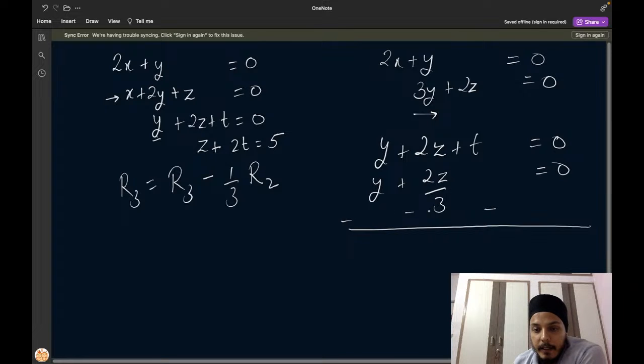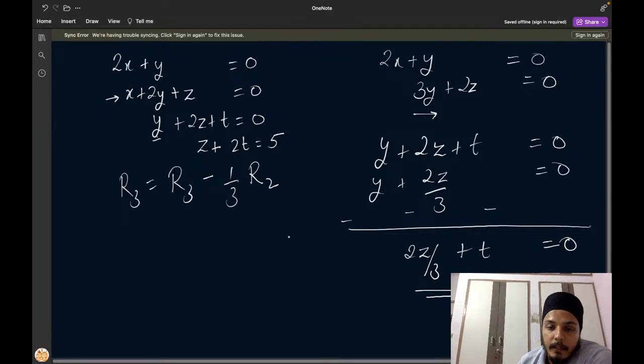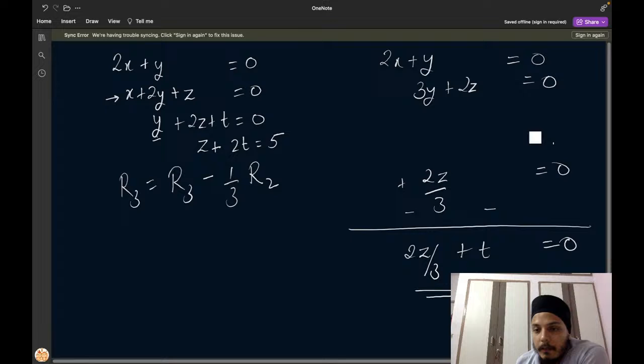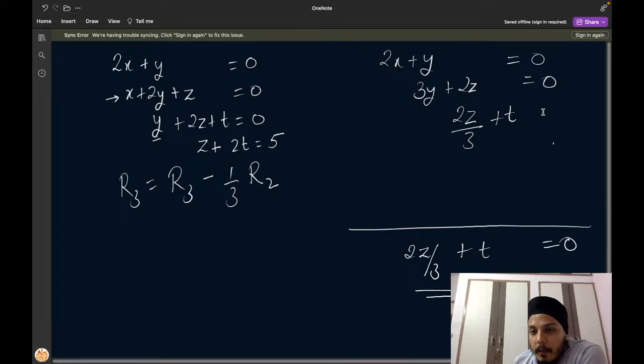Now we can subtract, so this will be 2z by 3 plus t equals 0. This is our modified third equation, so let us write it on the right hand side. Our equation is 2z by 3 plus t equals 0.